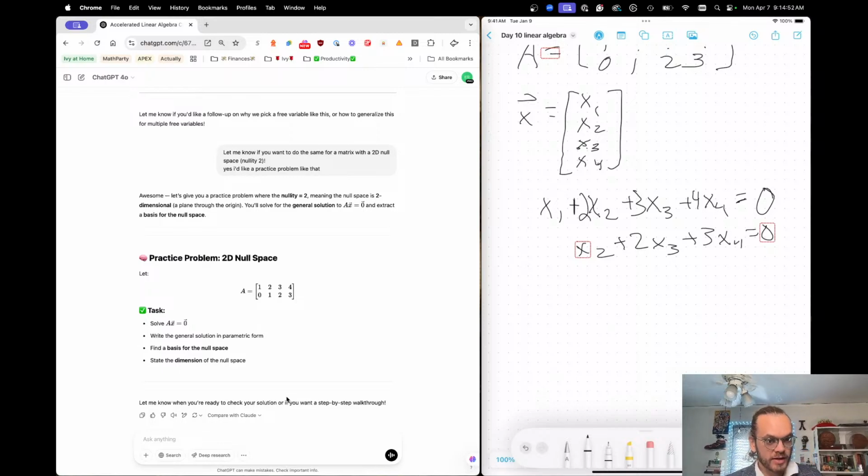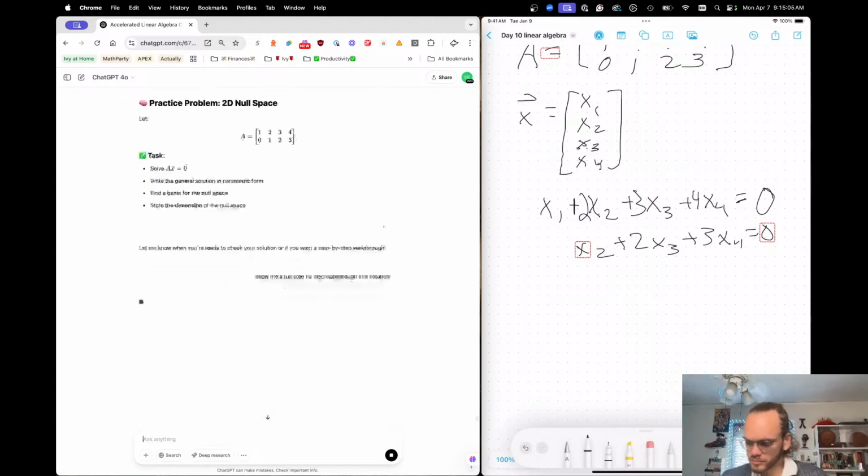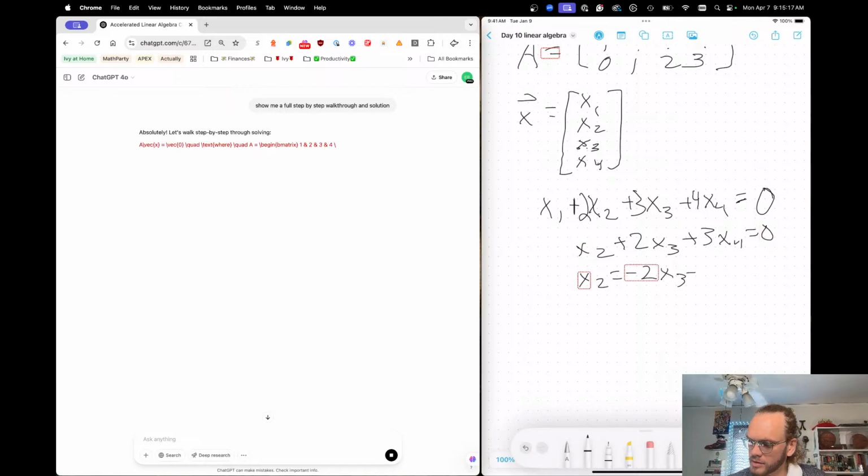So I think to find the general solution in parametric form, yeah, I want a solution. So what I need to do here is I'd say that x2 equals negative 2 x3 minus 3 x4.